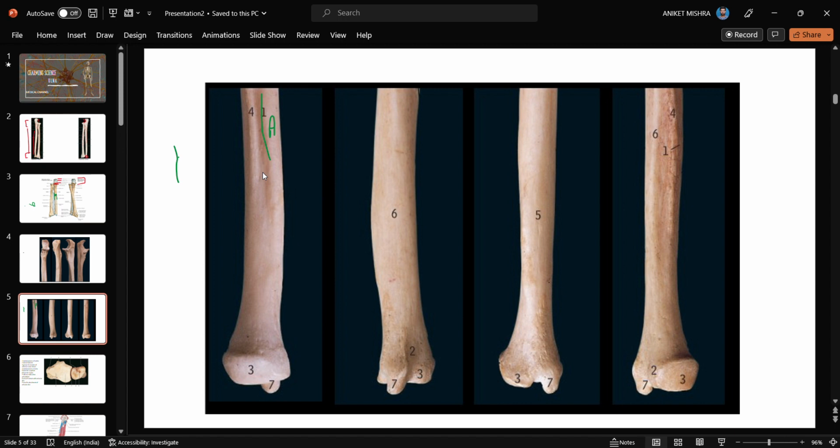When we come downward to the inferior side, we will see there is a groove. This is the groove present at the inferior side of the ulna. This is the groove for the tendon of the extensor carpi ulnaris.